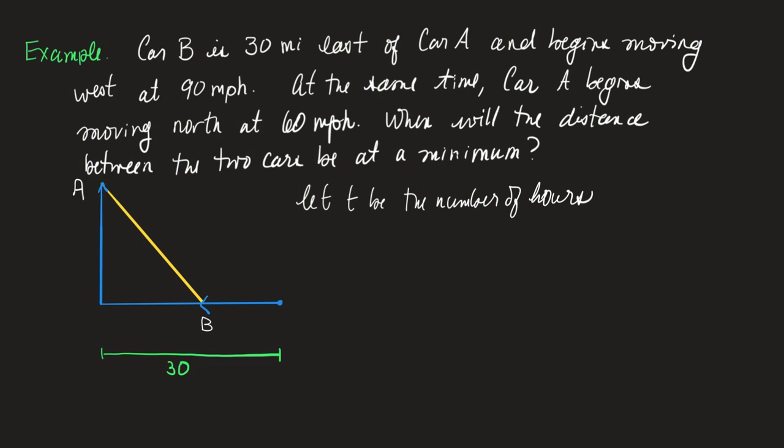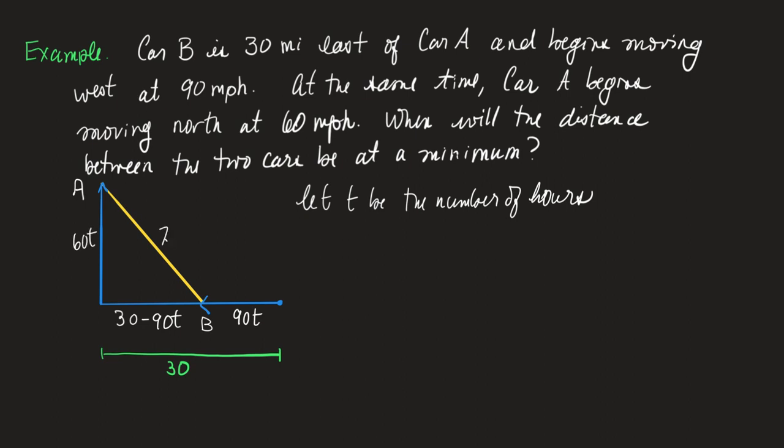And so after time t, this distance traveled, because B is traveling at a rate of 90 miles per hour, after t hours, that distance will be 90t, which means that this distance will be 30 minus 90t. And on the other hand, car A is moving at 60 miles per hour, so after t hours, this distance will be 60t.